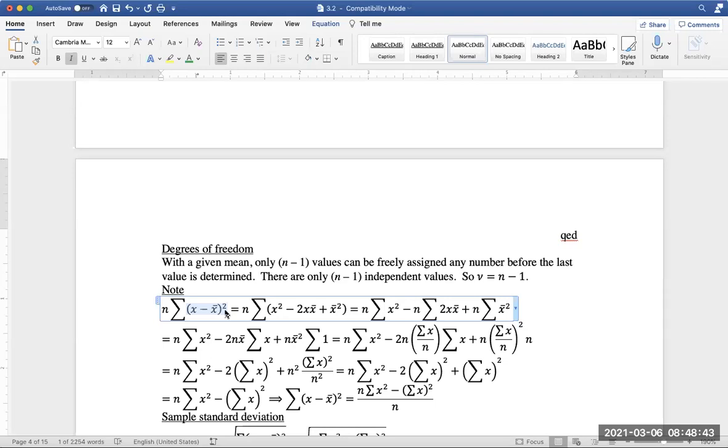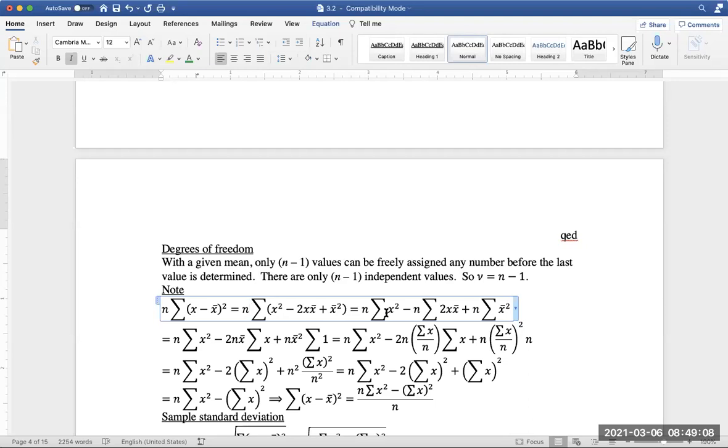And so I have n is equal to the sum of, well, use the special product formula, x squared minus 2x x bar plus x bar squared. Now let's use the properties of summation to simplify this. The summation is a linear transformation.